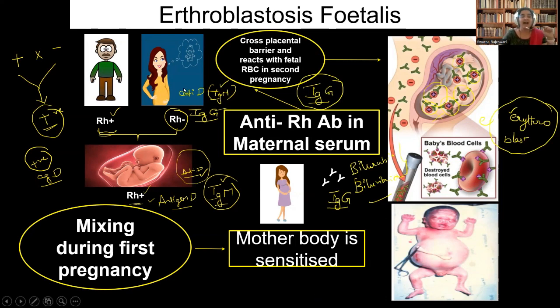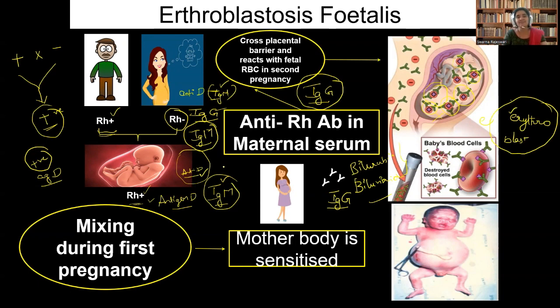So the entire thing I will repeat again. When an Rh negative woman is marrying an Rh positive man, if the baby is Rh positive, then in the first pregnancy there is no harm. Even though the mother is exposed to that Rh antigen which the baby has, the antibody produced in response, anti-D, is of IgM type, which can't cross the placenta and destroy the fetus.